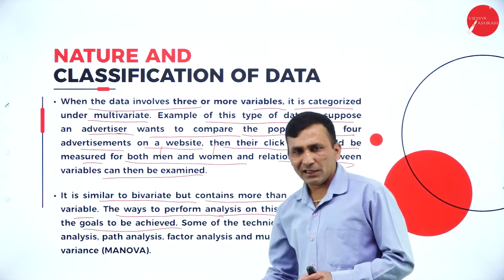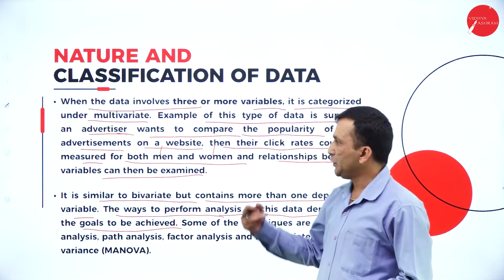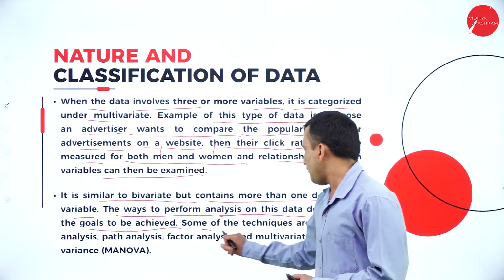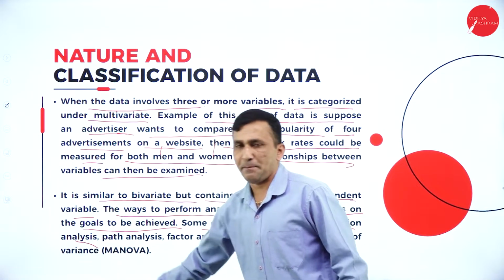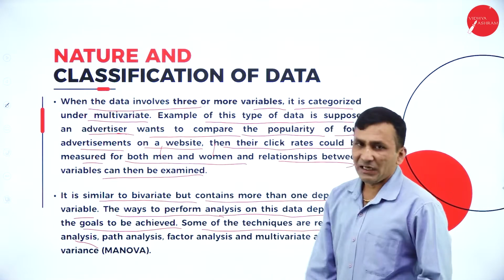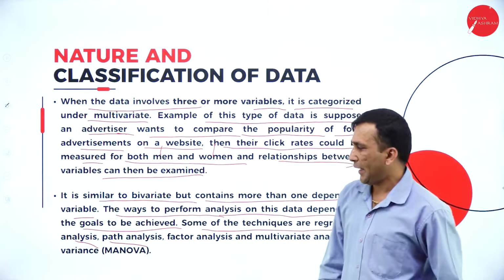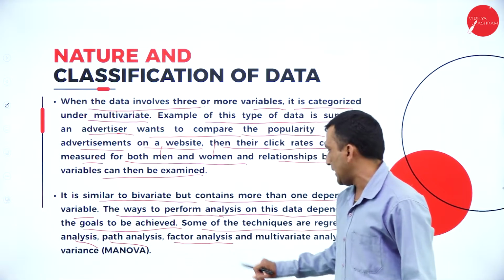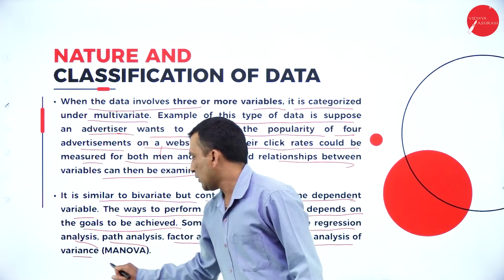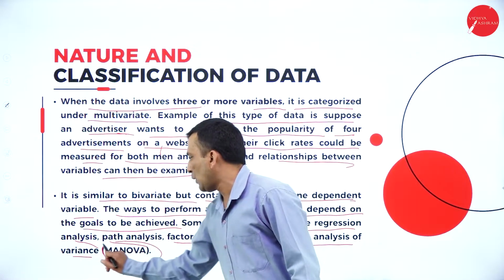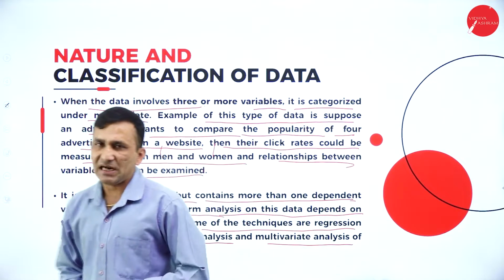So all the data whatever is required, according to your requirement you are going to select. Some of the techniques: regression analysis is the best example for multivariate data. Okay, so path analysis we can do, and factor analysis, and multivariate analysis of variance, or you can say MANOVA. These are different analyses used in statistics.